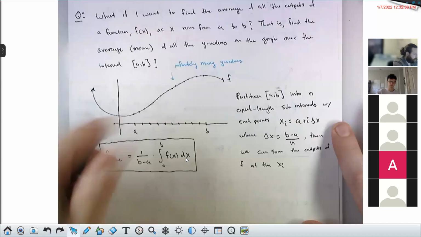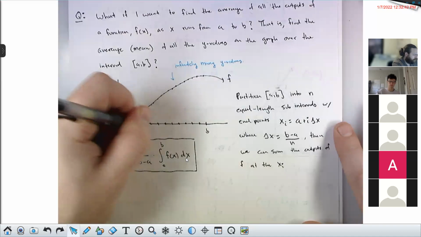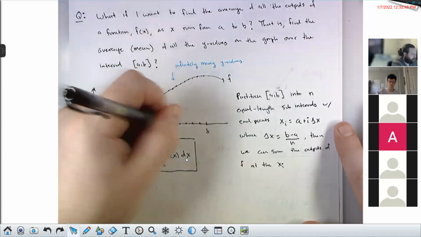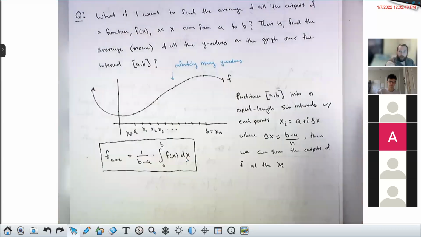So this is like a, which would be x0, x1, x2, x3, and so on until you get to b, which would be xn. Now I have finitely many things that I'm trying to average. I'm trying to average this y value with this y value and this y value and this y value, just finitely many, which means I can use the formula above.